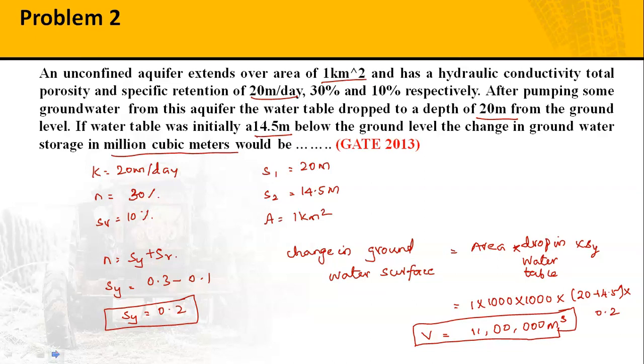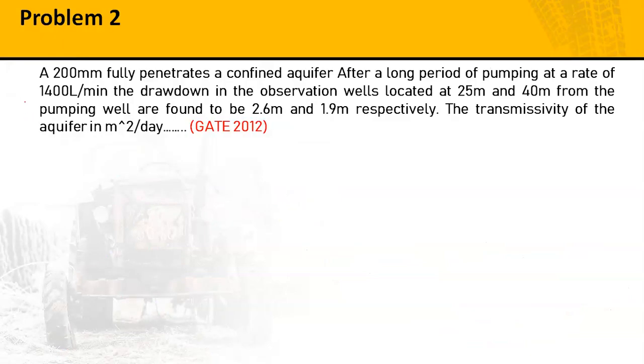So next question. A 200 mm well fully penetrates a confined aquifer after a long period of pumping at a rate of 1400 liter per minute. The drawdowns in the observation wells, 25 meter and 40 meter from the pumping well, are found to be 2.6 meter and 1.9 meter respectively. Find the transmissivity of the aquifer in meter square per day. Here they request to find the transmissivity T. So what are the things they have given?